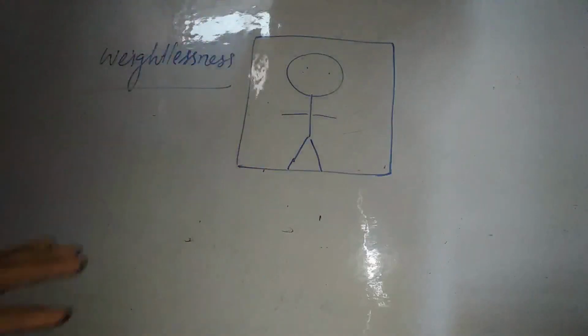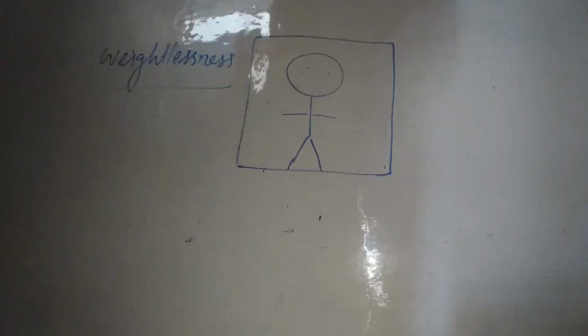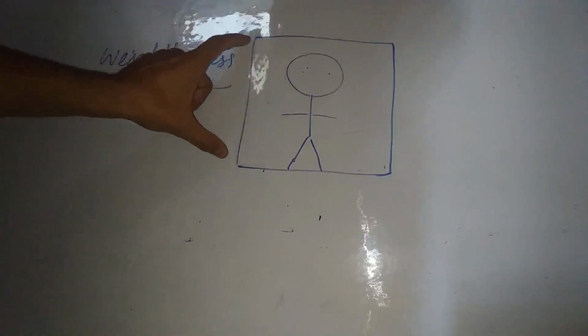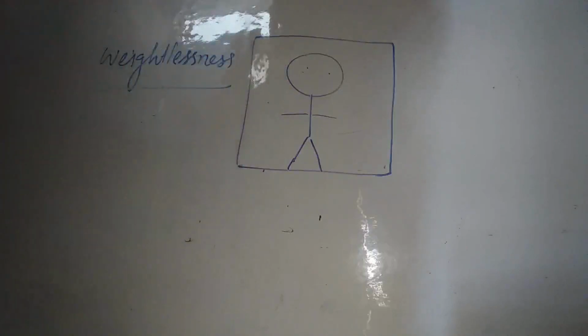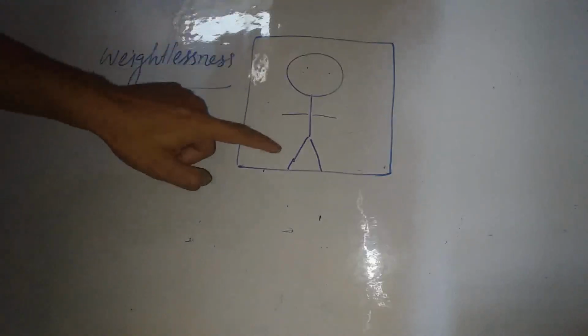this machine will not measure the weight of this person, and this man and this machine or this lift will fall with the same acceleration, and the body in this state will not press the weighing machine.